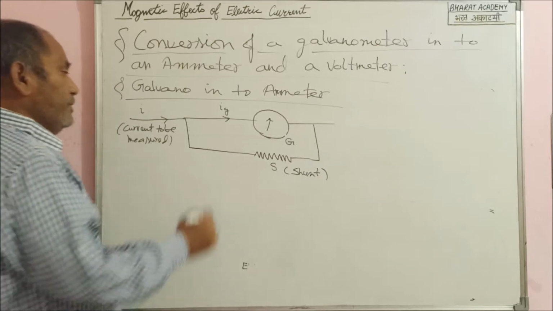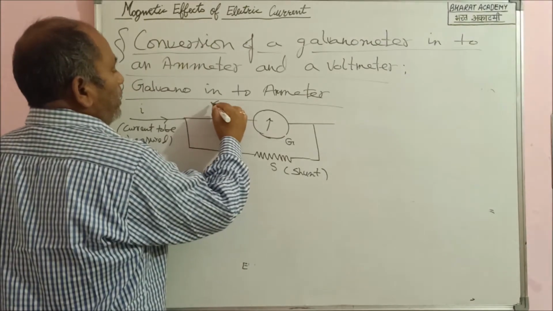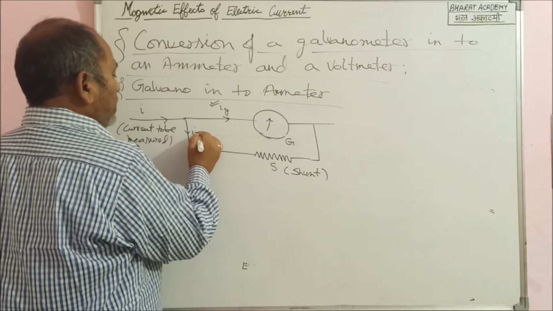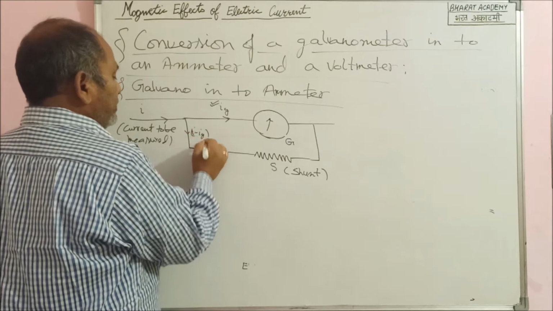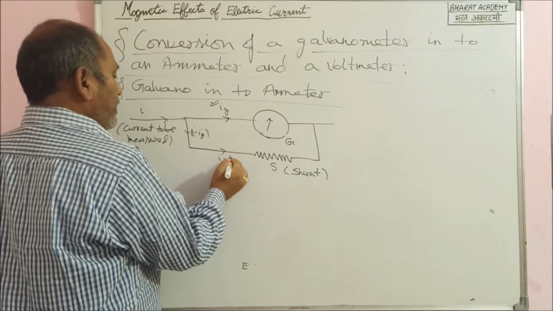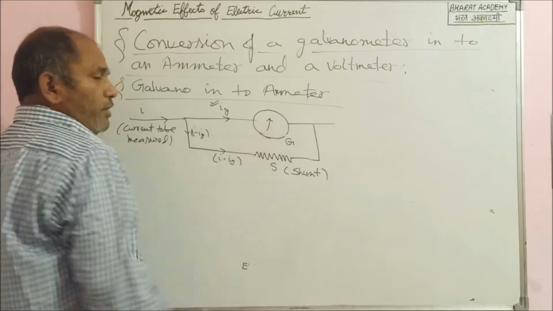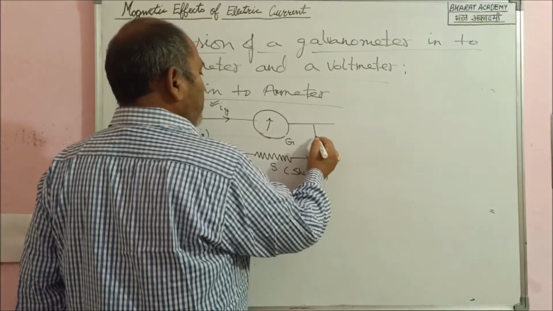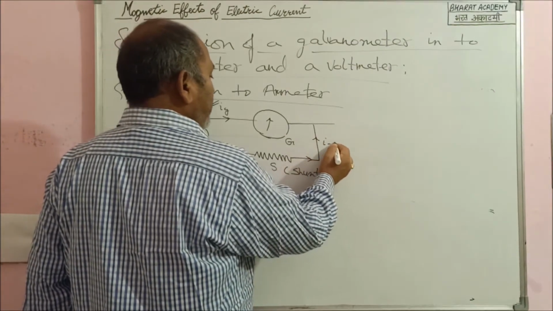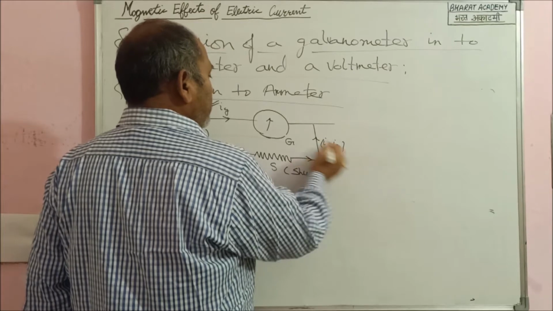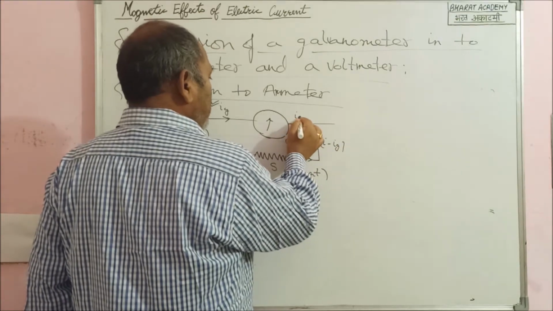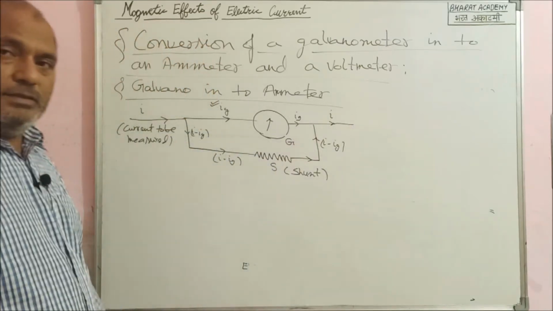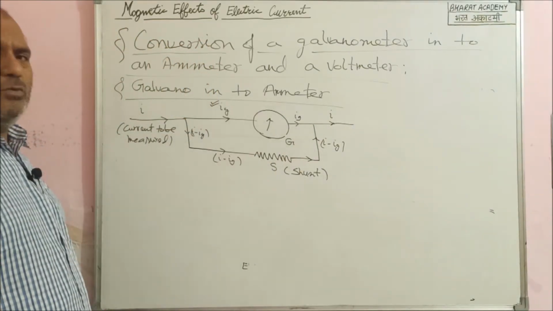Whatever current galvano wants, let it flow, and the remaining current I minus Ig will pass through this shunt. In that way, our galvano will remain intact, and by some mathematical calculation, we can measure the current flowing through the circuit. This is Ig, and the total current is I again.